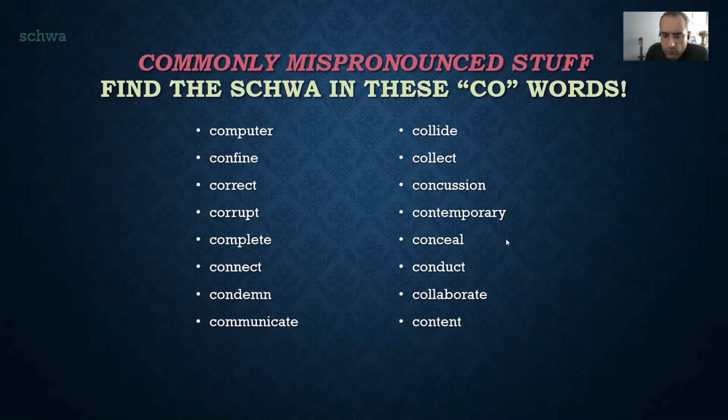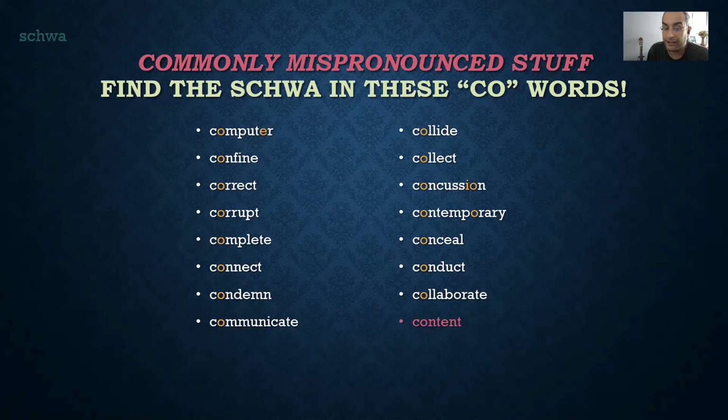Actually, conduct is also an exception, because this word can be pronounced in two different ways. If it is a noun, you would say "conduct," okay? But if it is a verb, you would say "conduct," like conduct an experiment, all right? All of these words, guys, they're pronounced with a schwa in that first syllable, all right?